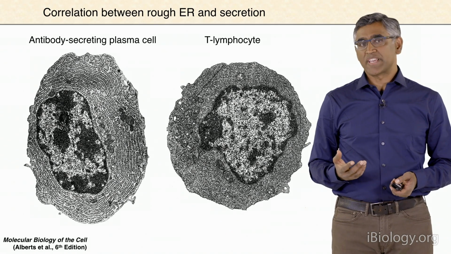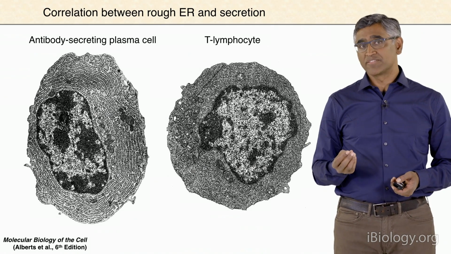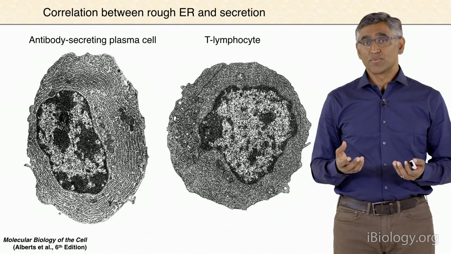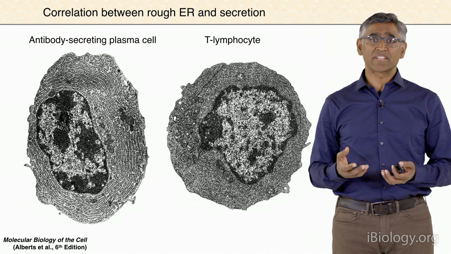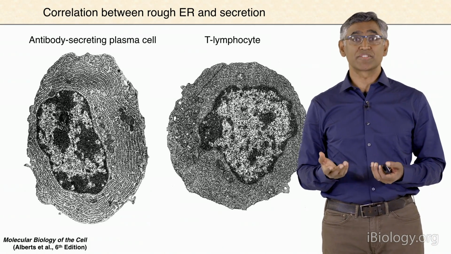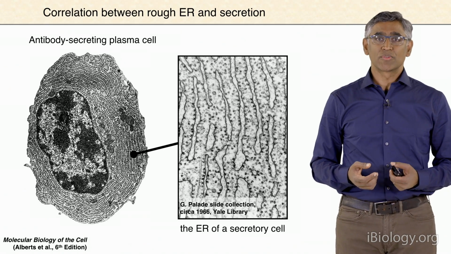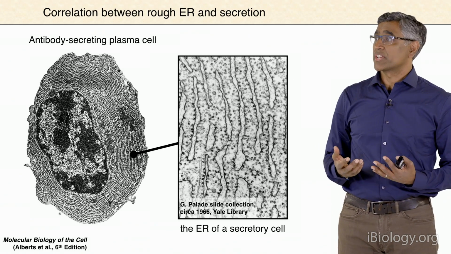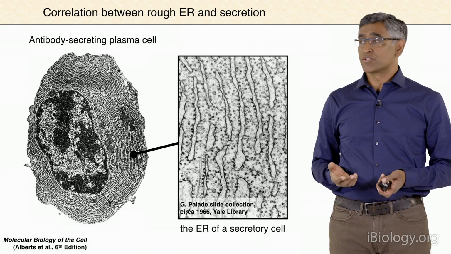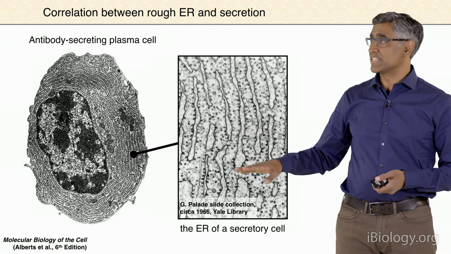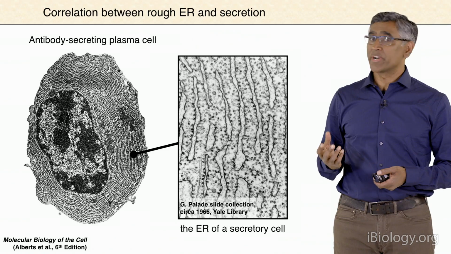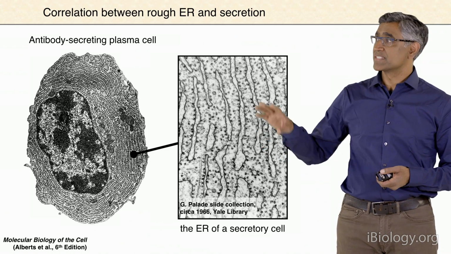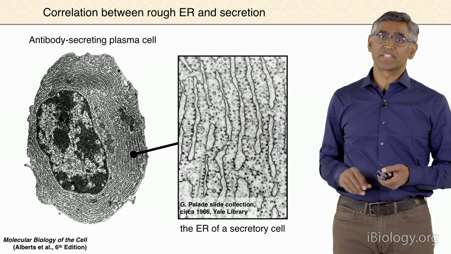And a clue to this came if you radioactively label cells with a short pulse of radioactive amino acid. And then you asked, where does that radioactive amino acid show up in the cell? And so there are methods to look at cells in considerable detail. For example, you can look at this ER here. And if you pulse this cell with radioactivity, where you see it first showing up is, in fact, in the endoplasmic reticulum.